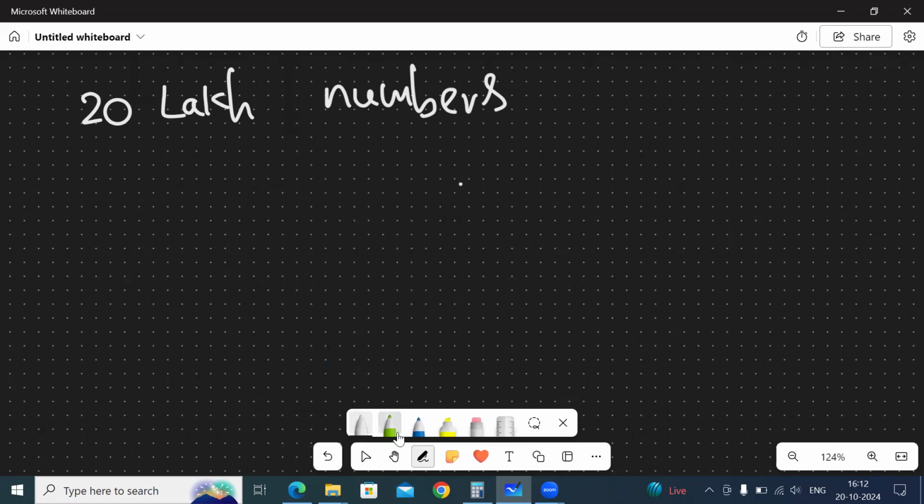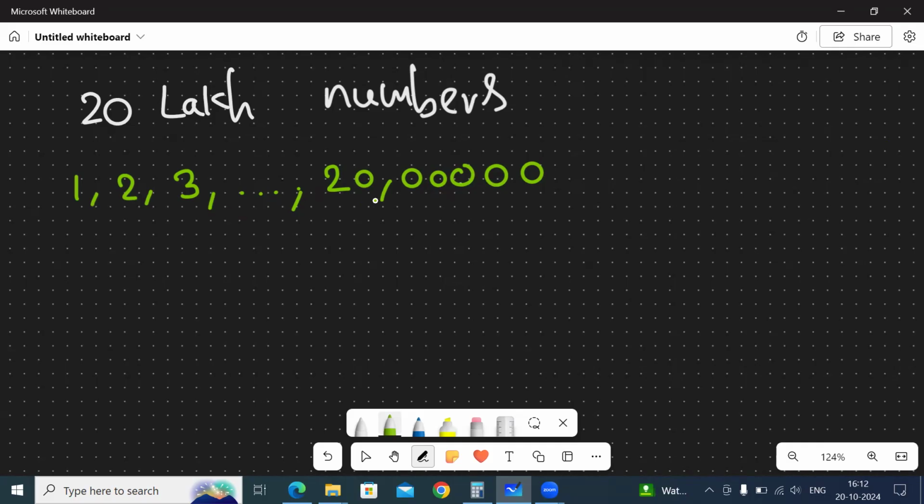So I would say a good idea is to mention these numbers using this particular notation, that is 1, 2, 3, and so on, comma. Okay. So this is nothing but 1, 2, 3, and so on, 20 lakh.